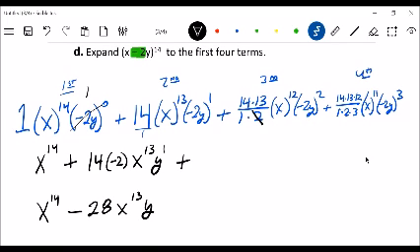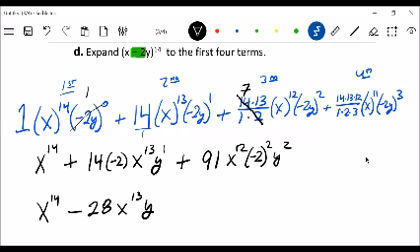Now for the third one, 2 goes into 14 7 times. So we have 7 times 13, which comes to 91. And then we have the x to the 12th, and the negative 2 squared, and y squared.